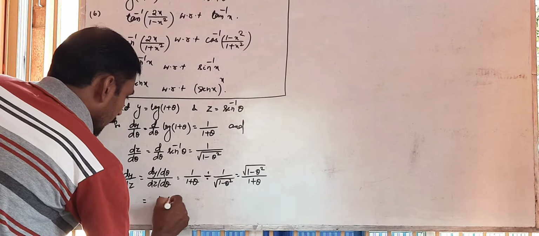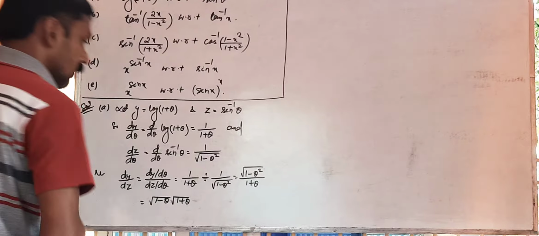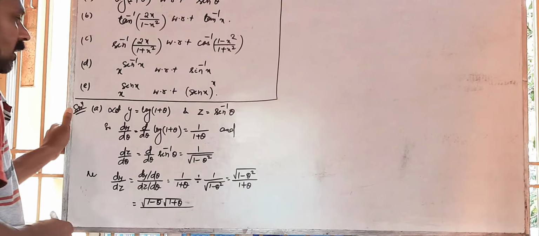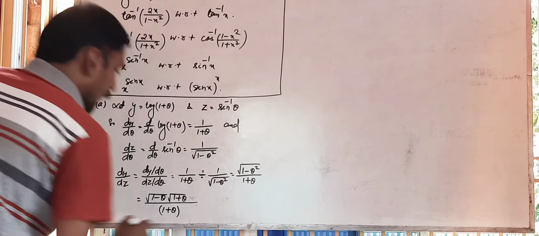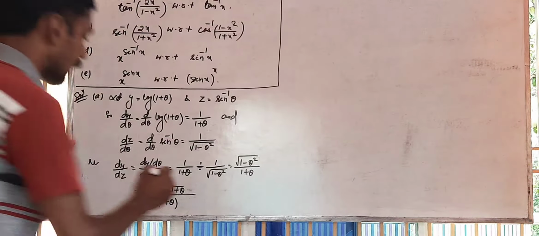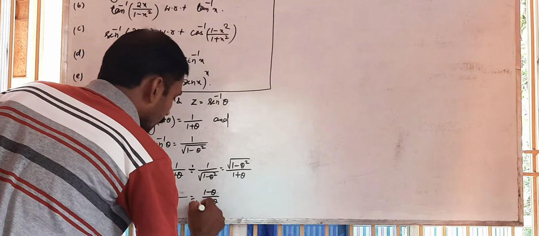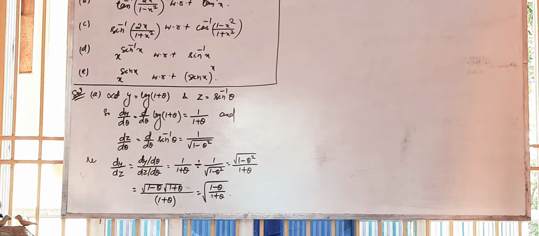So it is root of 1 minus theta into root of 1 plus theta, by 1 plus theta. Now it is in the form of root x into root x, so these two can be cancelled. So this is the square root of 1 minus theta by 1 plus theta. So this is dy by dz.